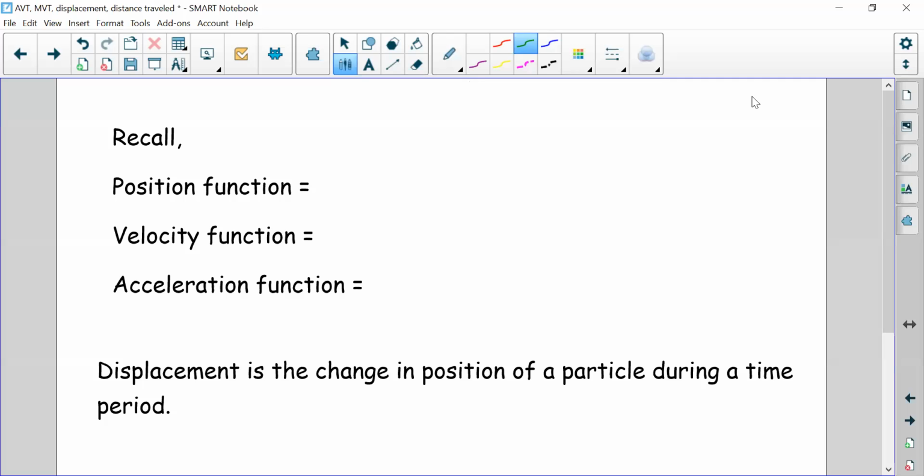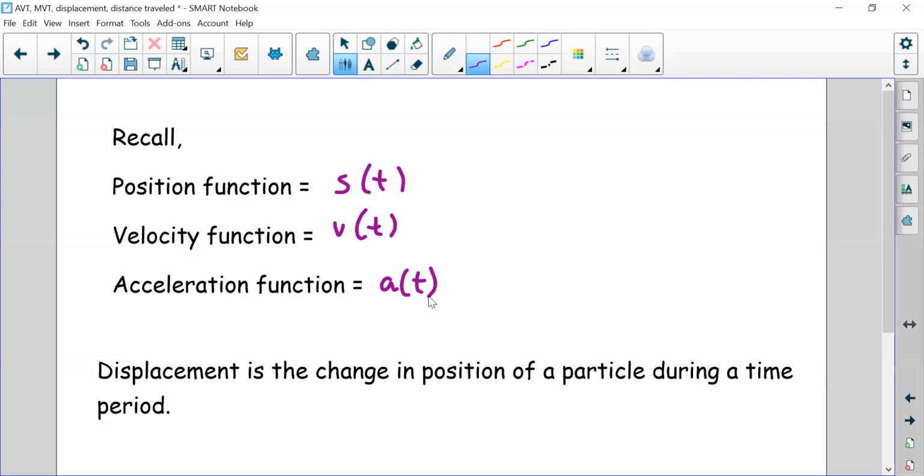Okay, for this section, I just want to do a little reminder. It's been a little bit since we did some of these. In math class, our position function is S of t, the abbreviation for the position function equation. Our velocity function is v of t, and our acceleration function is a of t.